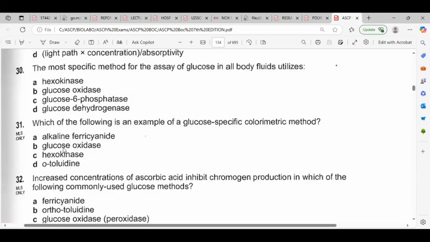Why is hexokinase not specific, but glucose oxidase is specific? Who can try to think and tell us why?